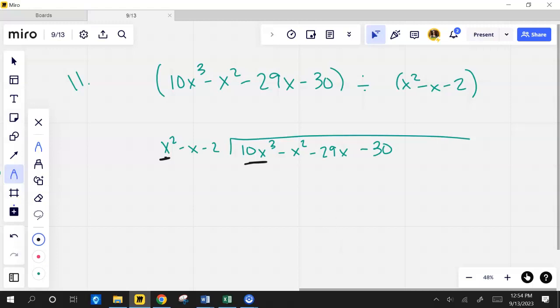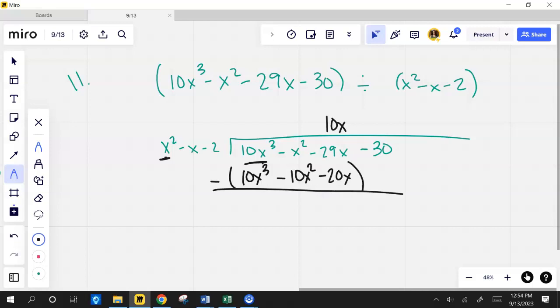What do you multiply x squared by to get 10x cubed? 10x, right? It goes up top. Multiply all the way around. You get 10x cubed. Then what, Charlie? You take the number up top and you multiply by everything that's on the outside.